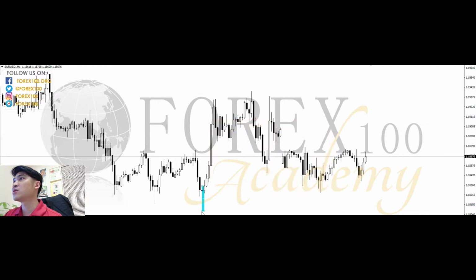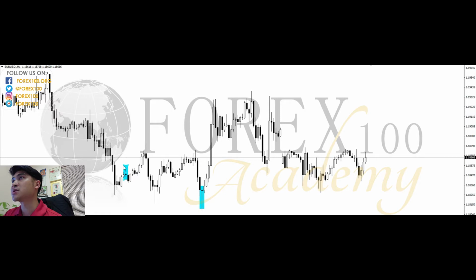So this is one of the signals I'm looking at, the long shadow, or the second group, which is known as the spinning top over here. And the third group is known as the doji.